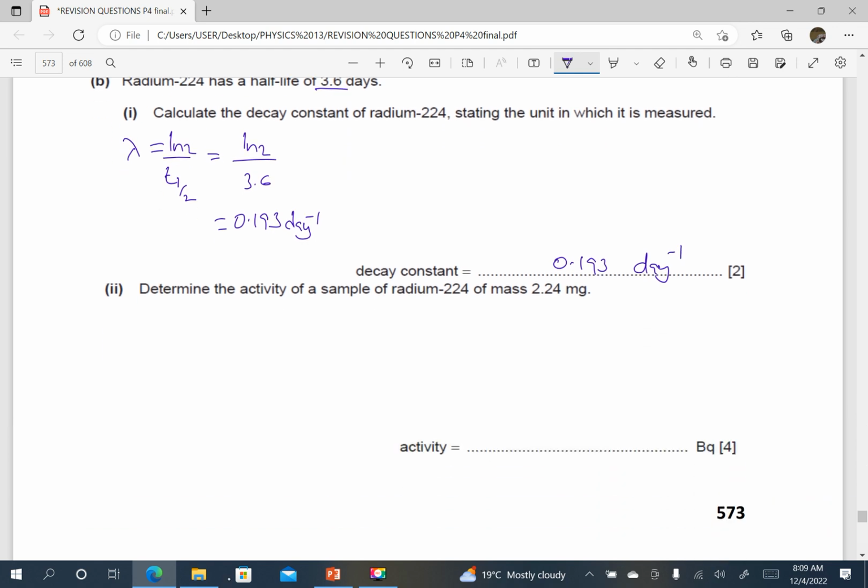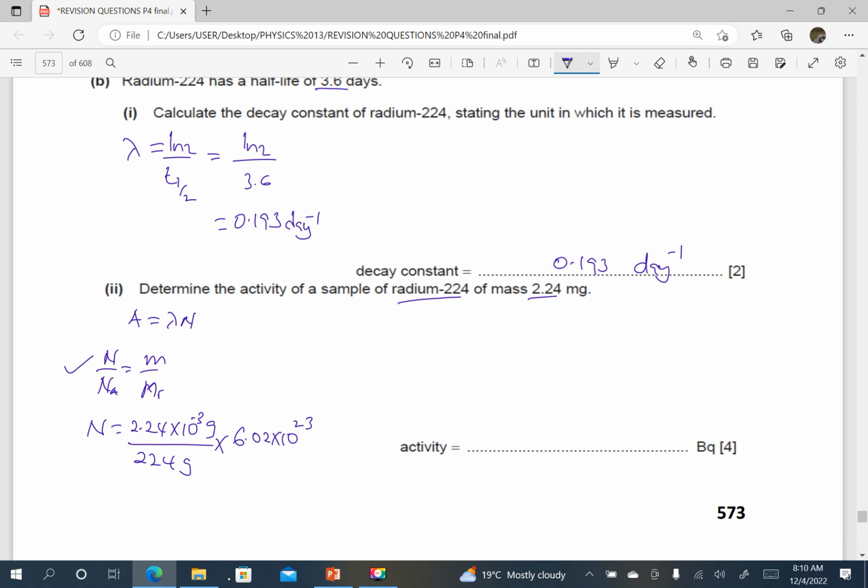Determine the activity of a sample of radium-224 of mass 2.24 milligrams. So activity, remember, is lambda times N. But N over Avogadro's number is the same as mass over the molar mass. So N is going to be the mass, 2.24 milligrams, so milli is times 10 power negative 3 in grams, divided by the molar mass, 224 grams, times Avogadro's number, 6.02 times 10 power 23.